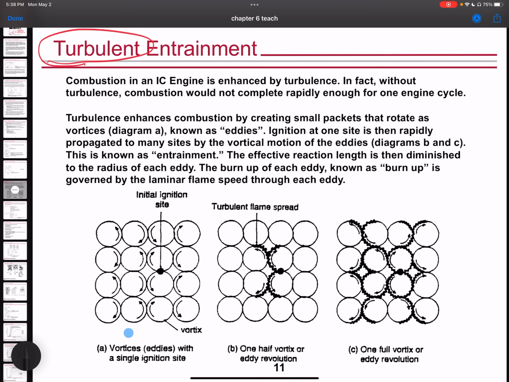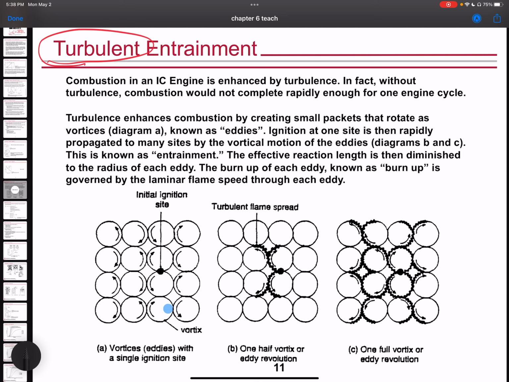So if you imagine your fuel-air mixture being composed of a bunch of small eddies, right? So suppose this is your whole cylinder that you have, and within your cylinder you have small fuel-air eddies that are basically little pockets of fuel-air mixture that are just rotating within the mixture itself. You essentially have this idea of turbulence established throughout your mixture, okay?